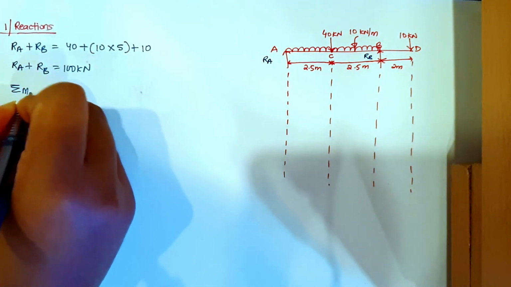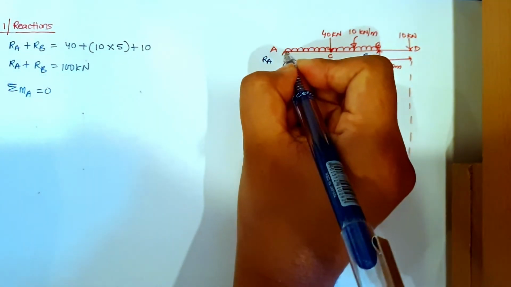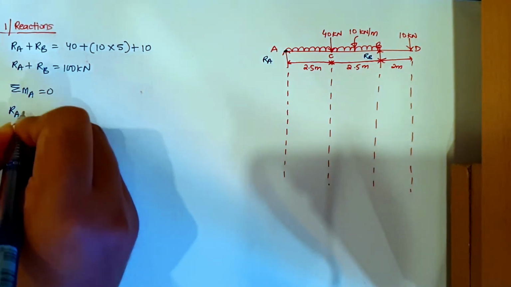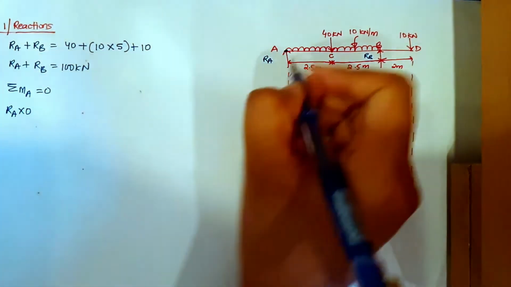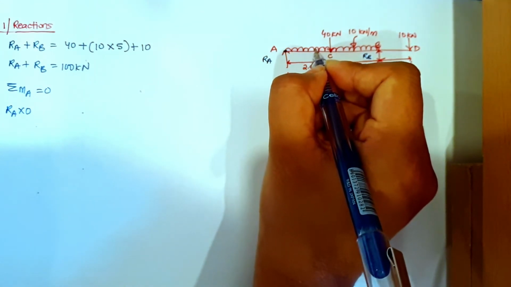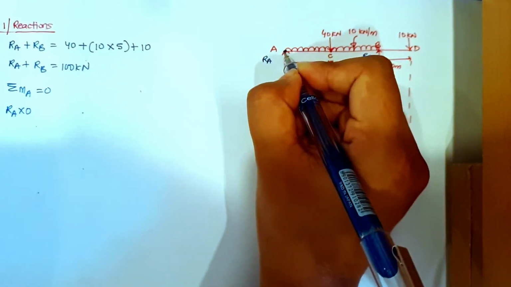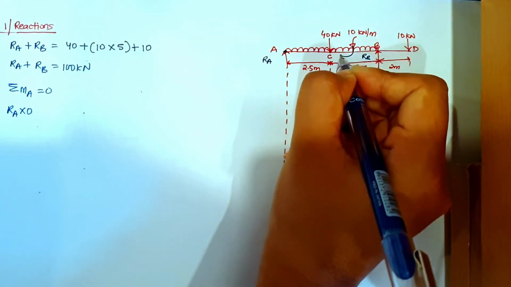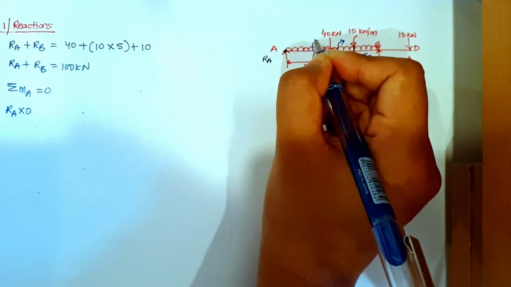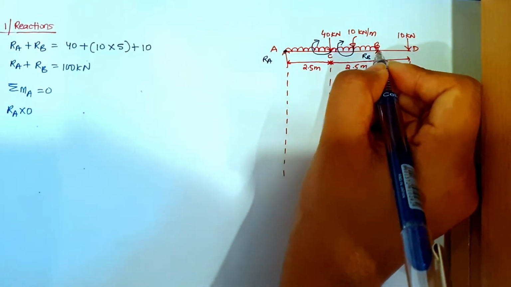Now summation of moment about A equals 0. I'm taking it from this point. So RA will be into 0. Now this UDL towards A, in which direction will it go? It will go in this direction. The 40 kN load will go in this direction, which is clockwise.